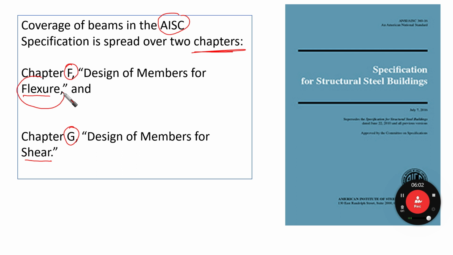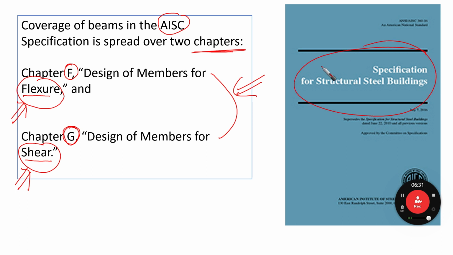Commonly, we are going to encounter these 2 main straining actions whenever we are designing a beam: flexure and shear. So we find flexure in Chapter F, and design of members for shear in Chapter G. These are the most frequently visited chapters whenever we are talking about beams in the specification for structural steel buildings.